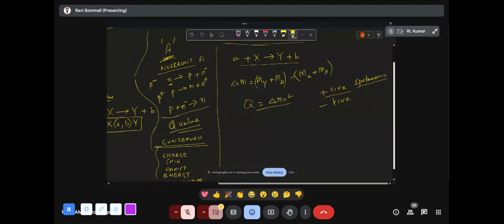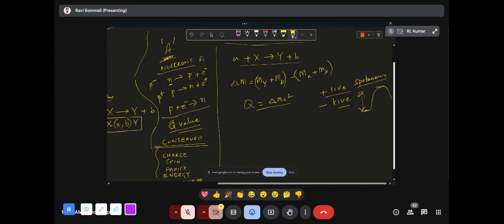Q is not the only requirement, but it is one of the basic requirements that Q has to be positive. If Q is positive, the process is spontaneous. It can take place. But if Q is negative, it cannot take place. There has to be a certain threshold energy that has to be provided. Unless you provide that much energy, that reaction will not take place.